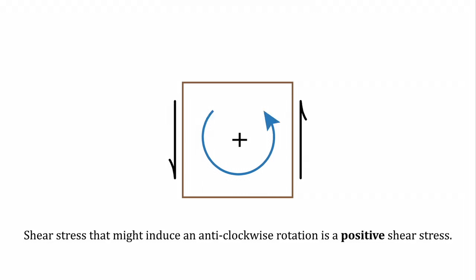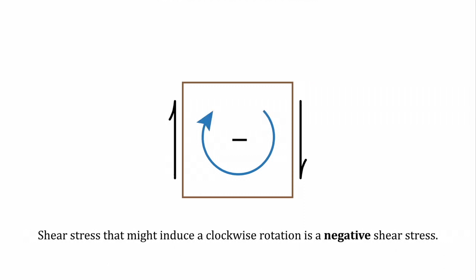These two senses of rotation, clockwise and counterclockwise, have been assigned a sign. Shear stresses that might induce an anti-clockwise rotation are positive shear stresses. Shear stresses that might induce a clockwise rotation are negative shear stresses.